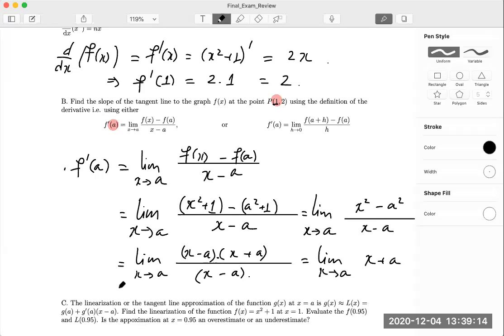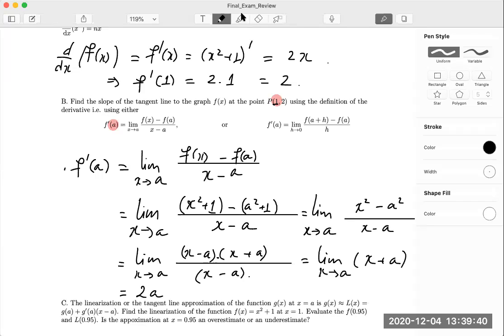Okay. Then as x approaches a, it gives us, what do we have here? 2a. Very good. 2a. So f prime at a would be 2a.